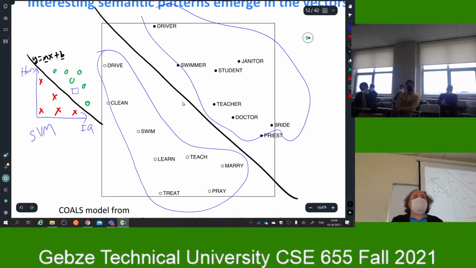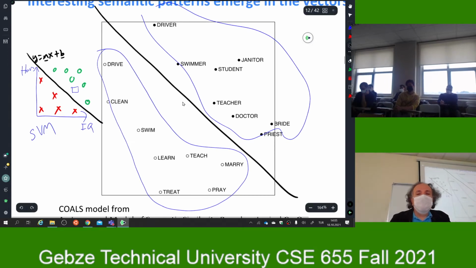If somebody gives me a new word and asks, what is this word? Is this a profession or is this a verb? I can tell you that by looking at whether it is above this line or below that line. And I am doing this all in an unsupervised way. Why?